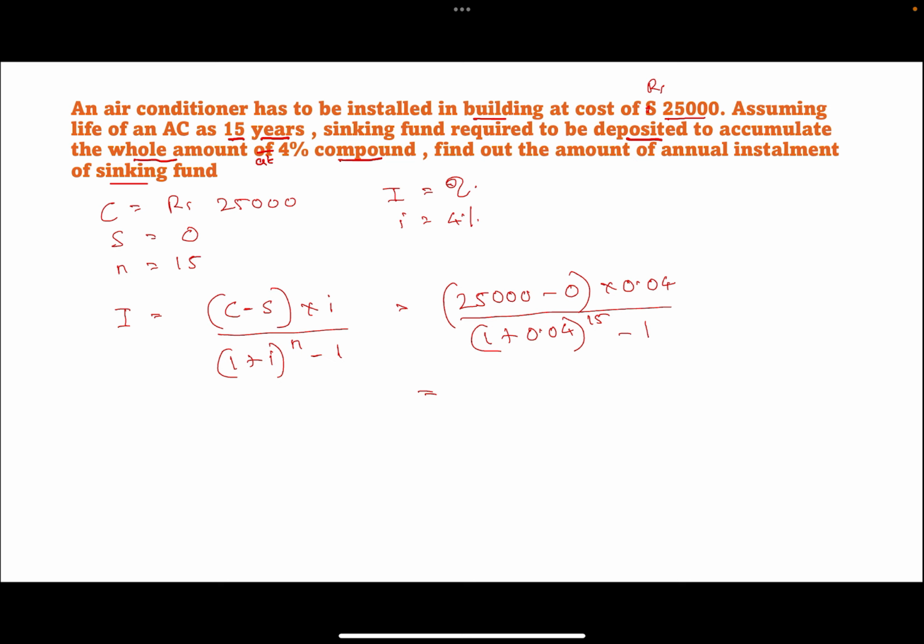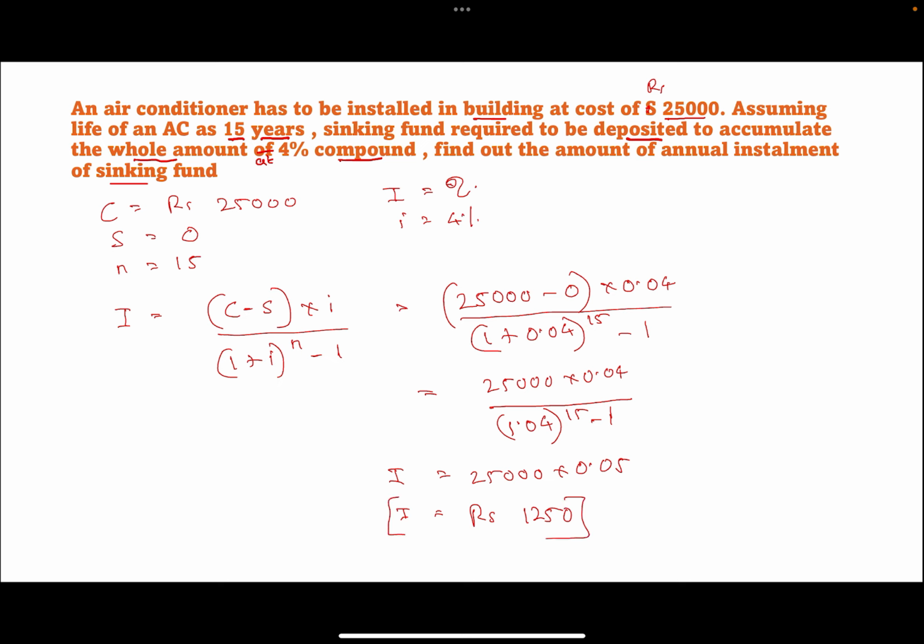If you solve this, you will get 25,000 into 0.04 divided by (1.04 raised to 15 minus 1). This is equal to 25,000 into 0.05. So if you calculate it, I will be equal to rupees 1250.